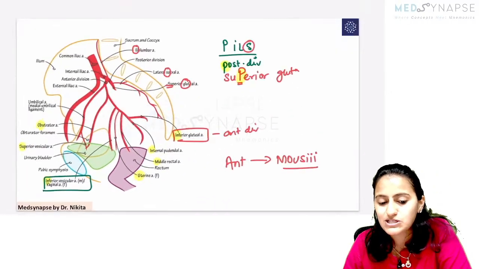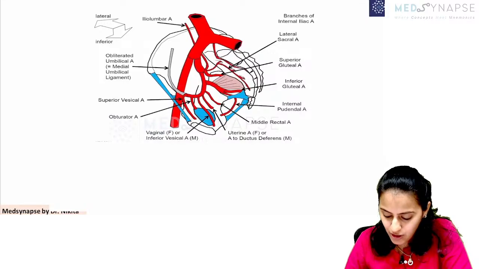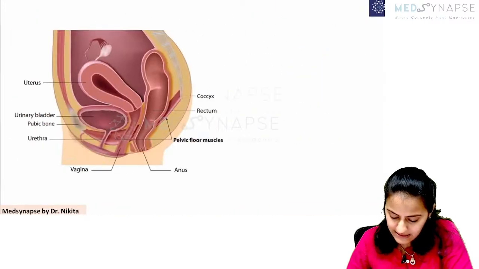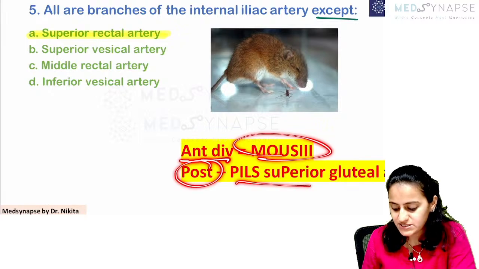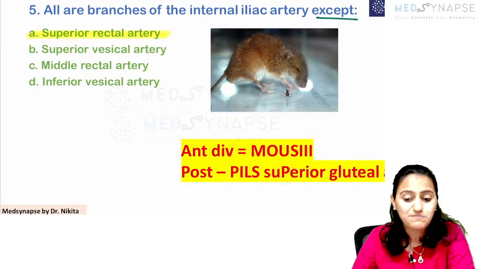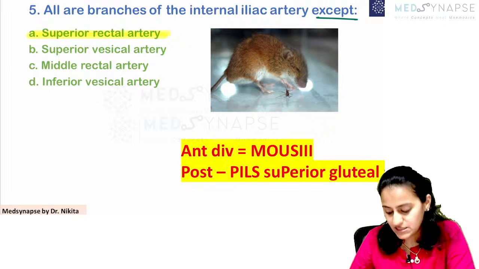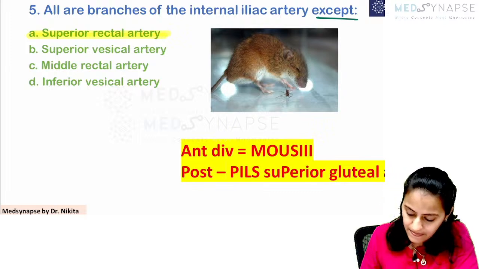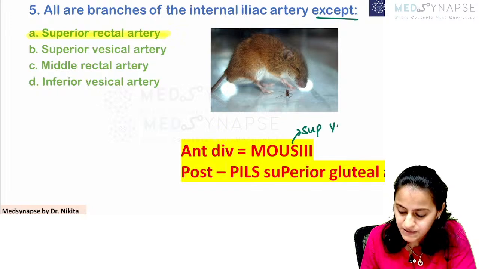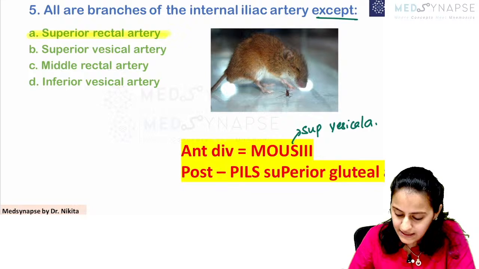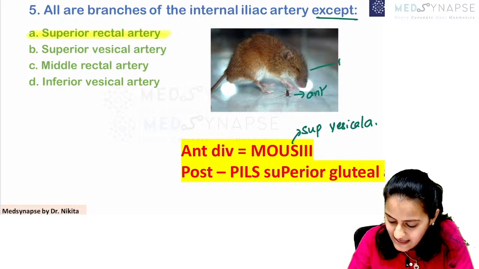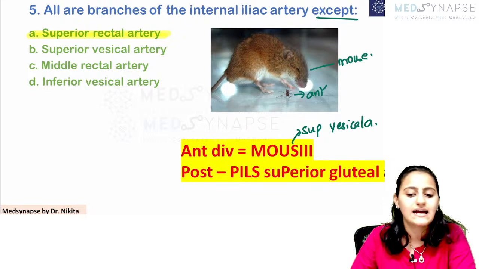Going back to the mnemonic, the anterior division is MOUSY, posterior is PILS, and superior has P so it is from the posterior division. The S here is the superior vesical artery, not the superior rectal artery. Remember the image of the ant and the mouse.